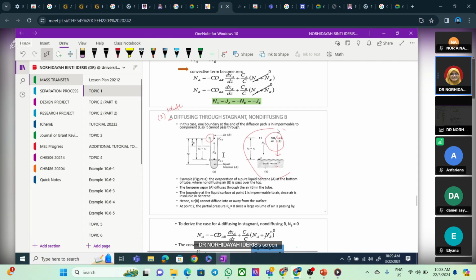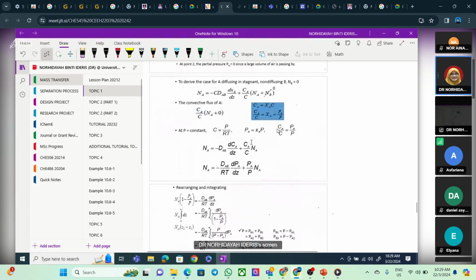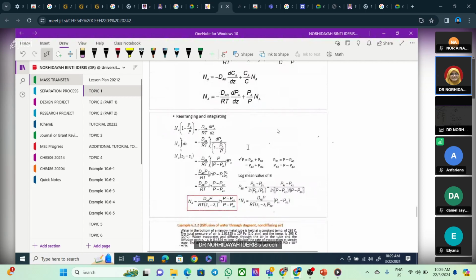Okay, so dalam case macam ni, the equation yang kita akan guna, I just skip the derivation part. Kita akan guna equation yang kat dalam kotak merah ni. So you can spot that it is a bit complicated compared to the NA tadi kan. Kalau NA tadi dia just apa?